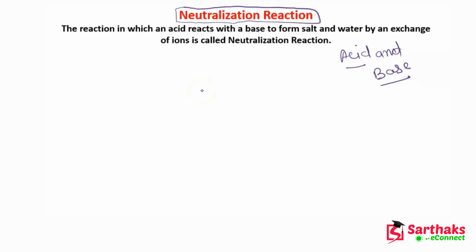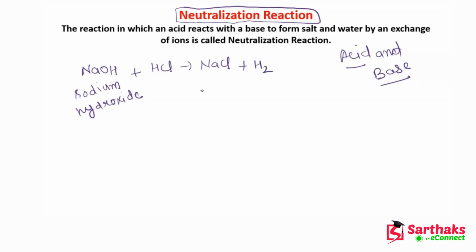Talk about the example. Let's suppose this is NaOH, and it will be known as sodium hydroxide. When this sodium hydroxide reacts with HCl, it will give us NaCl, which is a salt, and it will also form water, H2O.